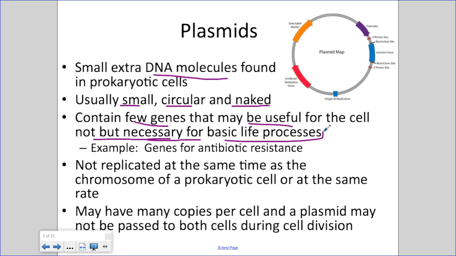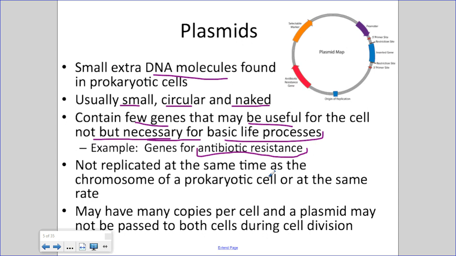So the prokaryote can exist without having that plasmid. There are no genes needed for important metabolic processes or cell division found within plasmids. For example, many plasmids contain genes that encode for antibiotic resistance.